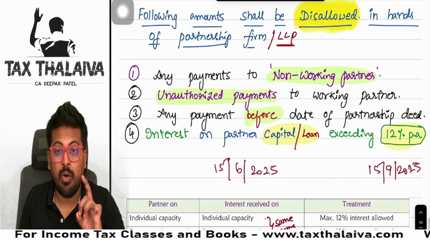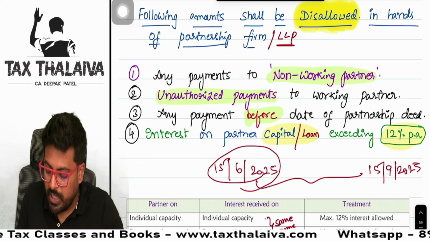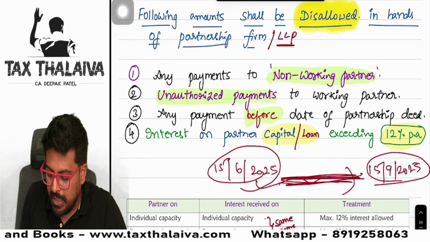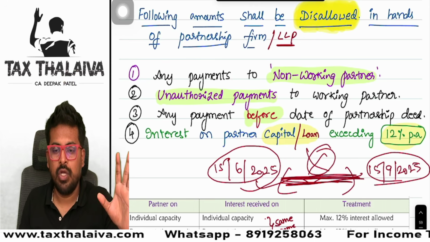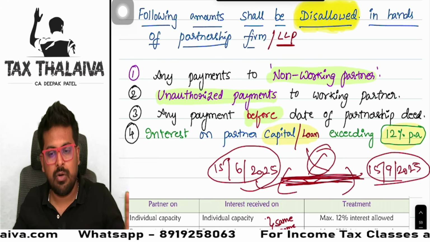So whatever payments you make in this duration are not allowable as expenditure. So any payments made before the date of the partnership deed are not allowed.